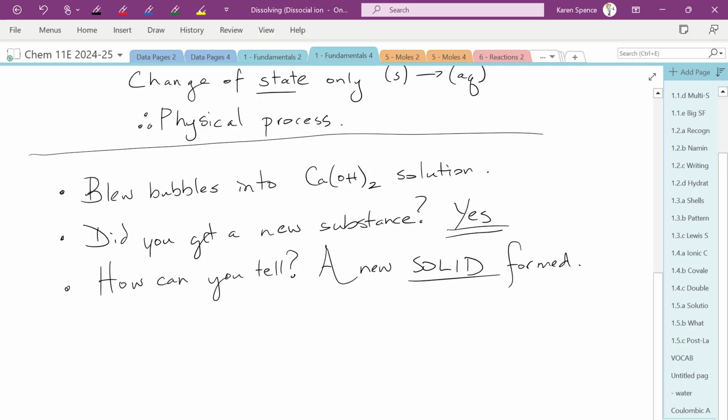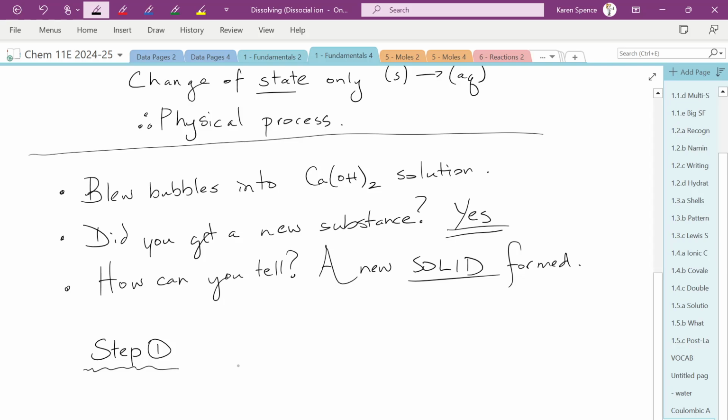Now we're going to look at what's in the beaker and figure out what that new solid is, okay? What did we blow into the water or into the lime water? CO2.